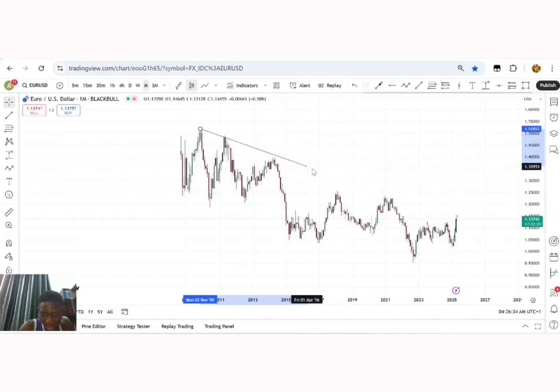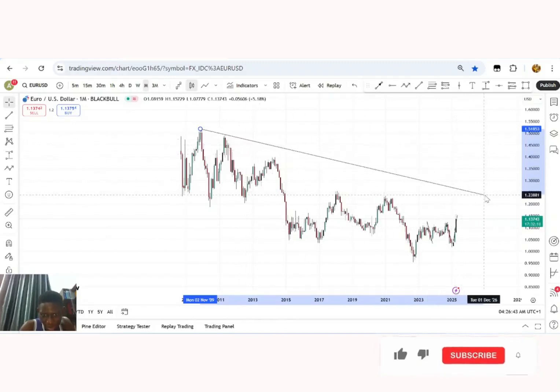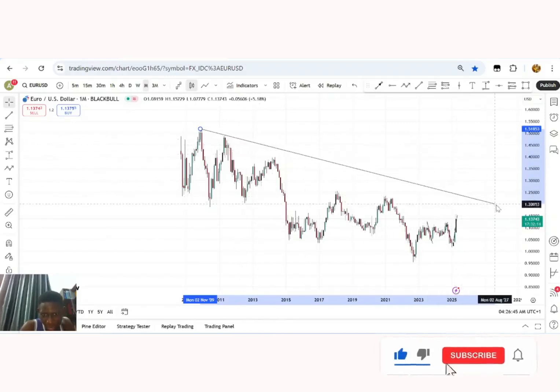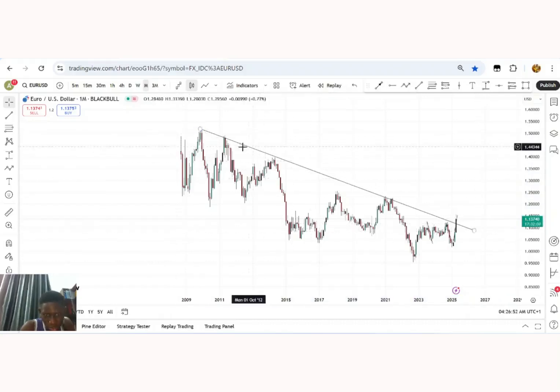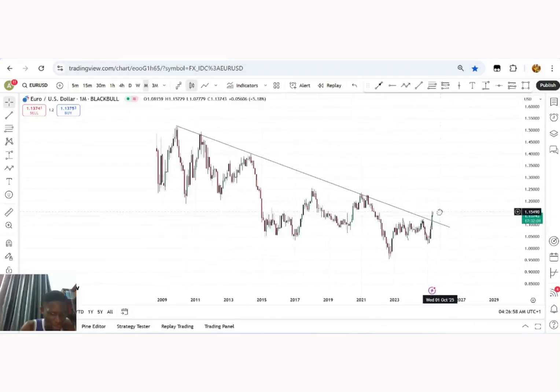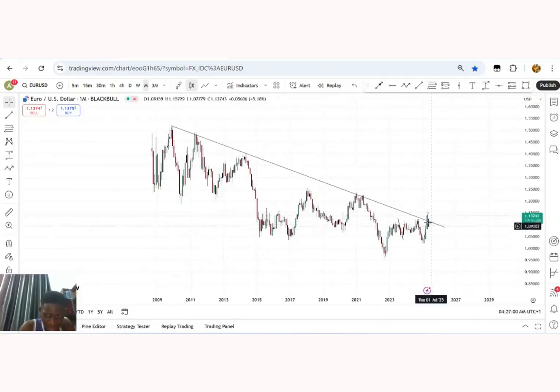I did not just put it at this point and extend it, because this is too far. Rather I try to bring it close to the current market price. How many touches now? 1 touch, 2 touch, 3 touch, and 4 touch. And it makes sense that this is a breakout now. I don't know if I'm communicating.